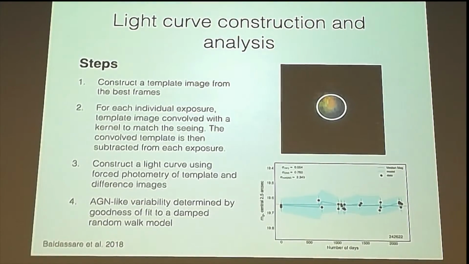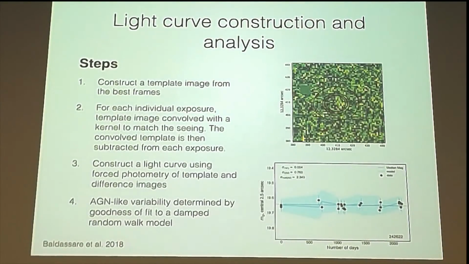The plot on the bottom shows the nucleus magnitude, so how much light is coming from the nucleus of the galaxy over time. This particular light curve spans about 2,000 days. The gray points are the actual data, and the blue line is what's called a damped random walk model. We want to find objects that are variable, but also variable in a way that we expect AGN to vary. So I'll show you what this non-variable object looks like first.